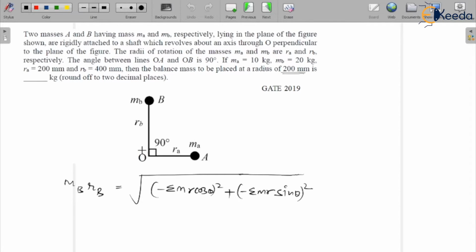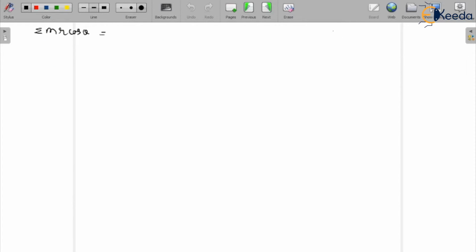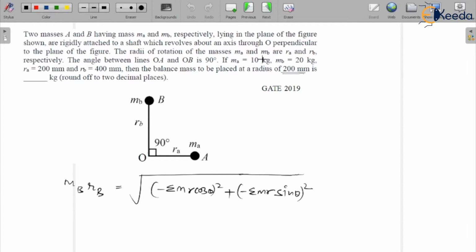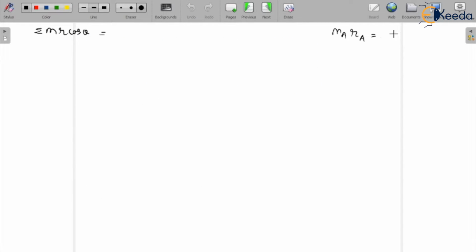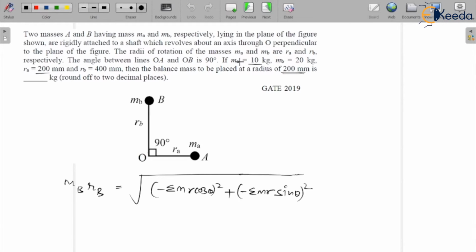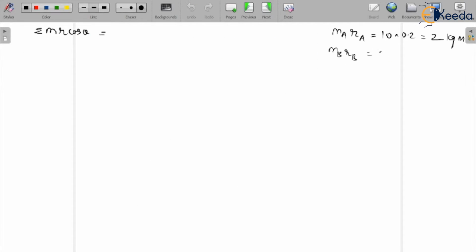From the reference, B is at 90 degrees. MARA: MA is 10 kilogram, RA is 200, so 10 multiplied by 0.2 gives 2 kilogram meter. Similarly, MBRB you can calculate separately in order to reduce calculation errors. MB is 20 and the radius is 400, which means 0.4. So you will get 8 kilogram meter.